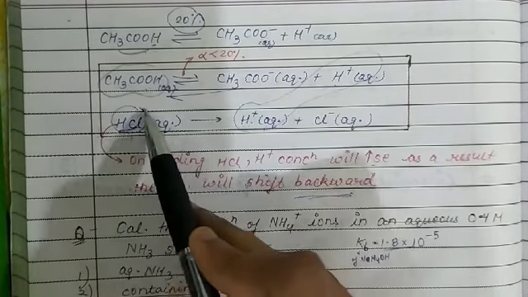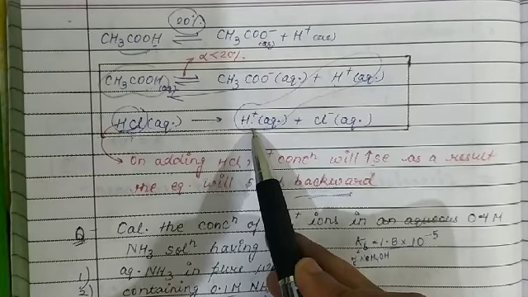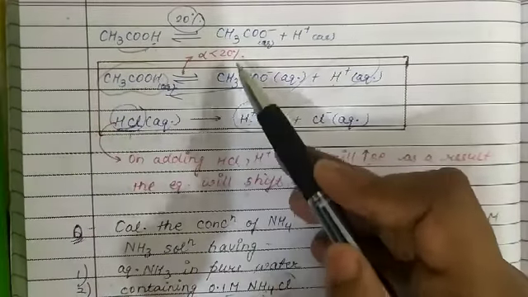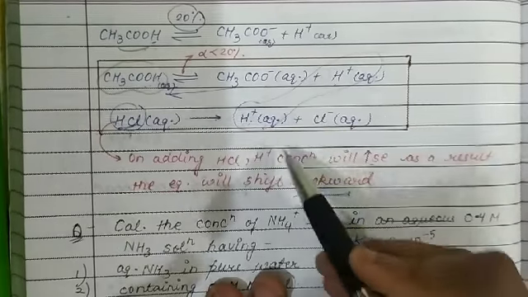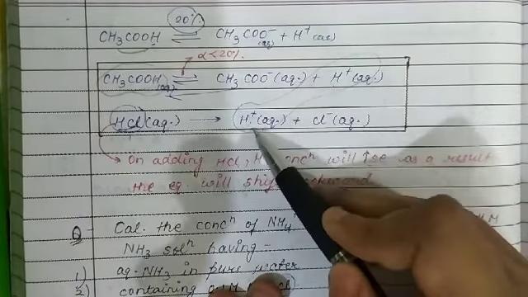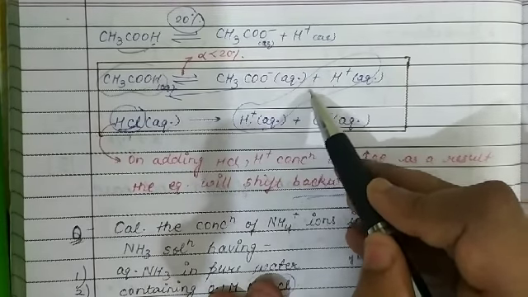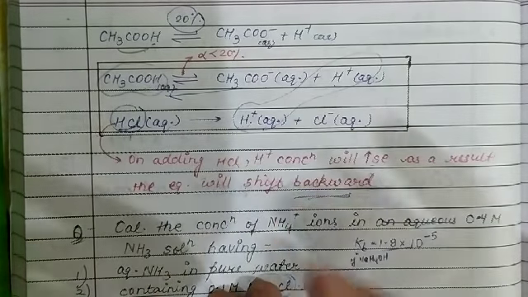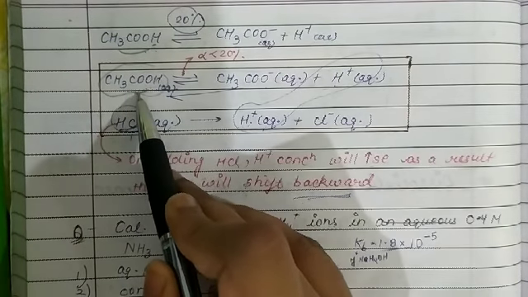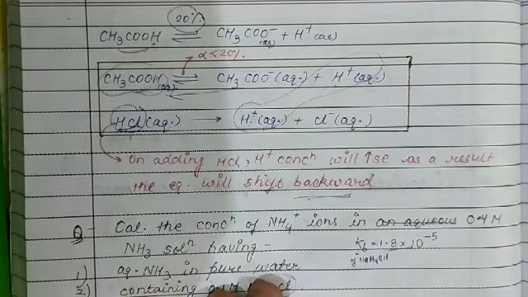Due to addition of strong electrolyte containing common ion, now the value of alpha will be less than 20%, means degree of dissociation decreases. Why? Because concentration of product increases as H plus ion becomes more. Concentration of product increases means reaction will shift in backward direction. So when reaction shifts in backward direction, formation of CH3COOH occurs, means dissociation of CH3COOH will decrease.